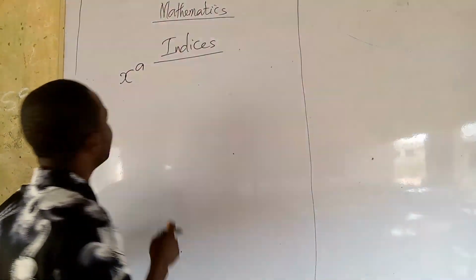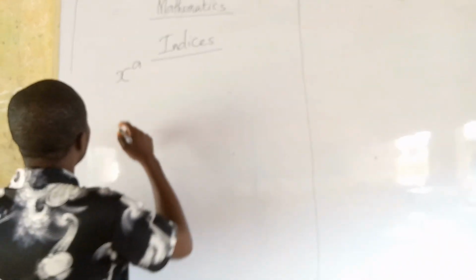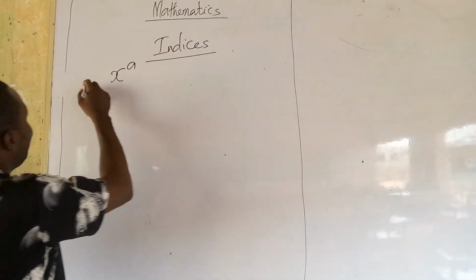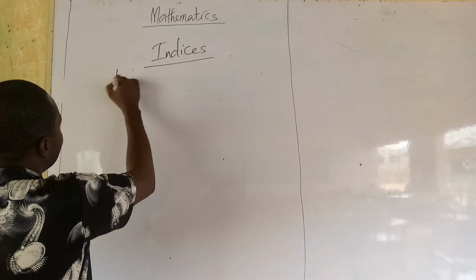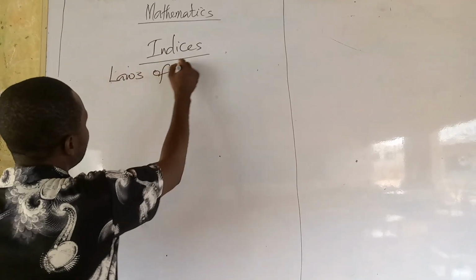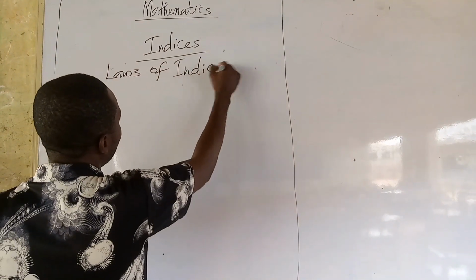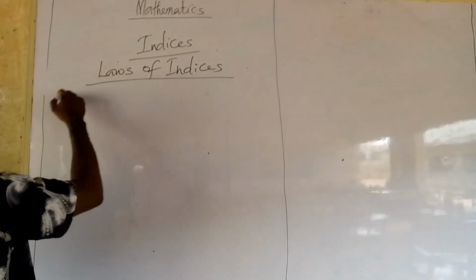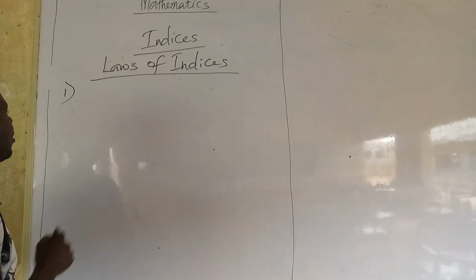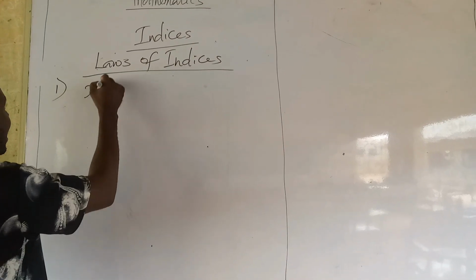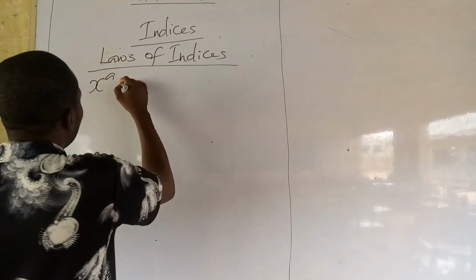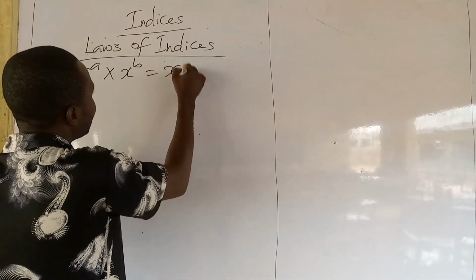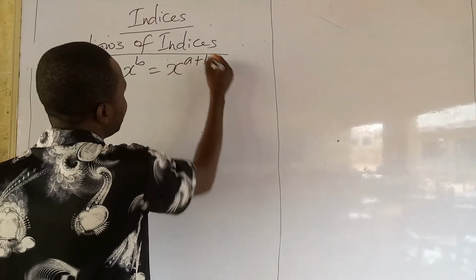So quickly, because it's going to be a quick class, we want to look at those laws of indices that we are familiar with. Laws of indices. Now, the first law of indices, law one, we say x raised to power a multiplied by x raised to power b is equal to x raised to power a plus b.